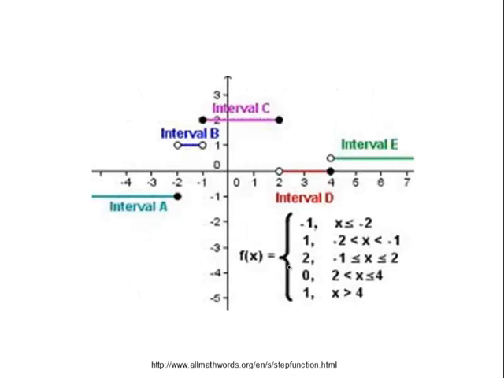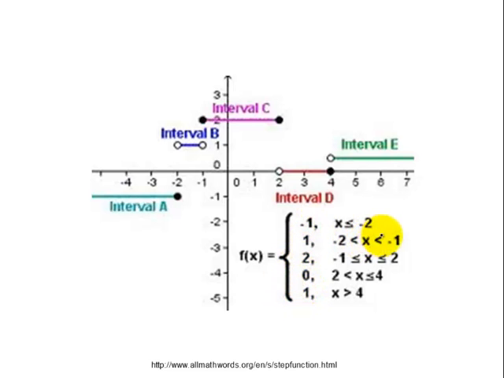Here's an example of a piecewise function that is called a step function, and we see that there's a piece here, a piece here, one here on the x-axis, and one here. So again, the reason why this is called a step function is as the domain part changes, the range steps up or down.